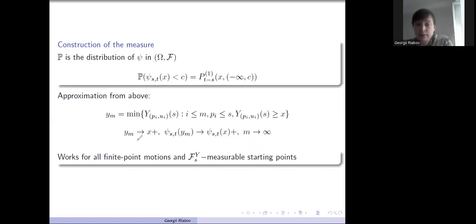Now we don't have a continuity of psi in this special variable, but we defined psi in such a way that these points ym approximate x from above, and simultaneously psi st of ym approximate psi st of x from above.